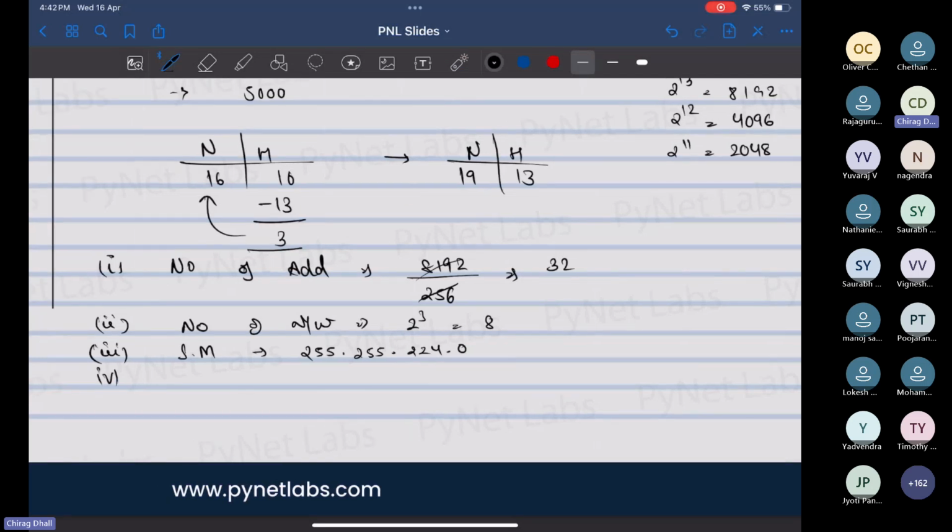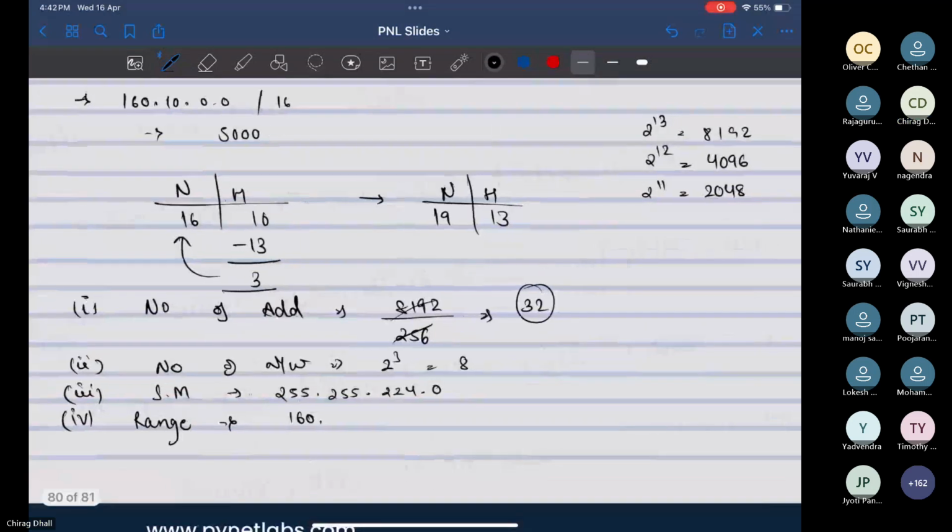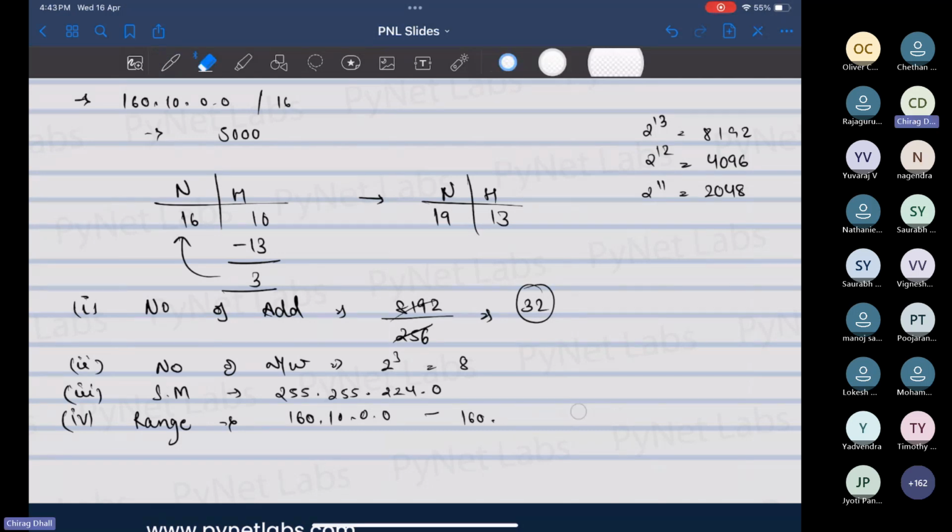Lastly, the range. As we have got 32 after the division, I can assume that my range will be 160.10.0.0 to 160.31.255.255. Sorry, 160.10.31.255. Clear, guys?